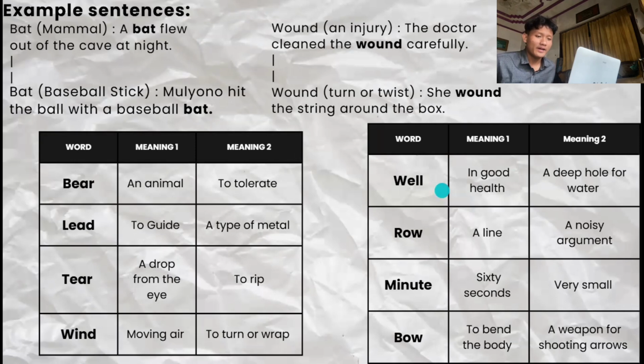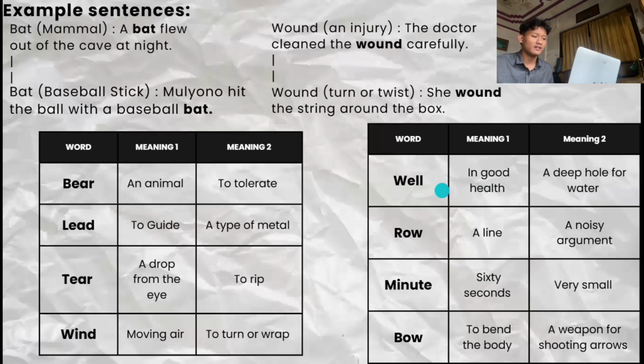Next is bat as a baseball stick: Mulyono hit the ball with a baseball bat. Next is wound as an injury: The doctor cleaned the wound carefully. And the second is wound, turn or twist: She wound the string around the box.